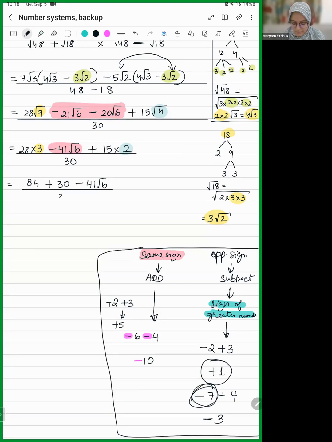Okay. So we are left with this. Now we will first deal with this. 84 plus 30 is?